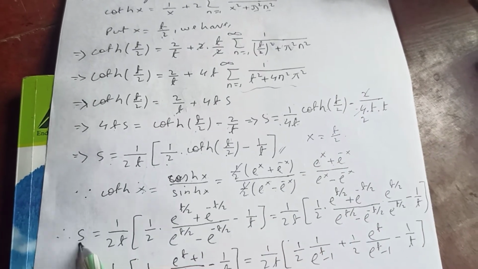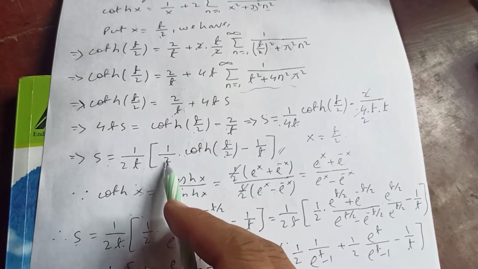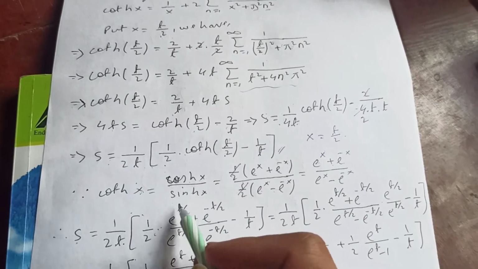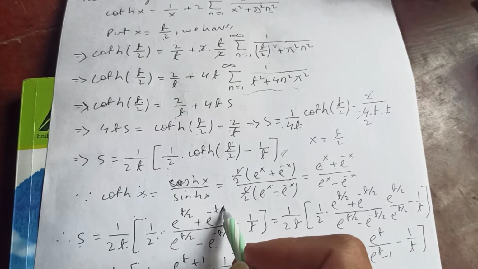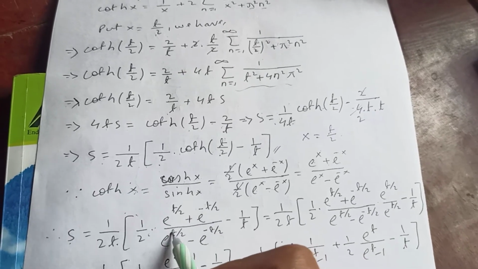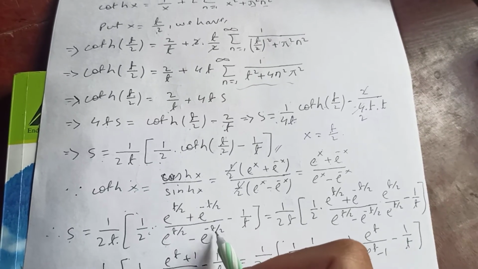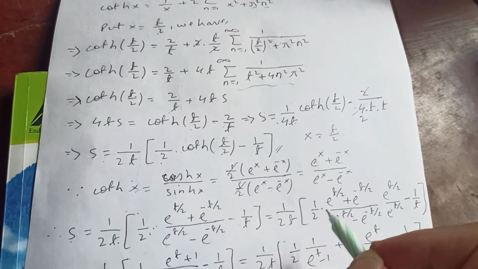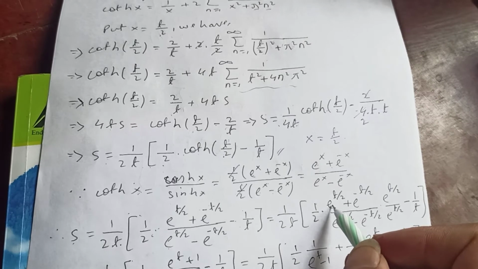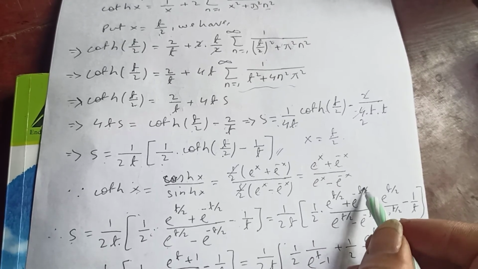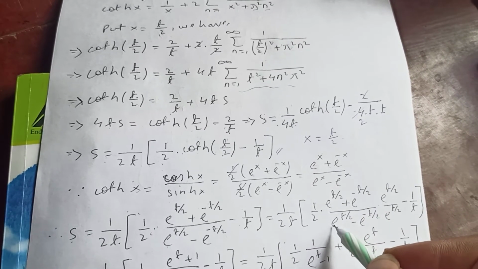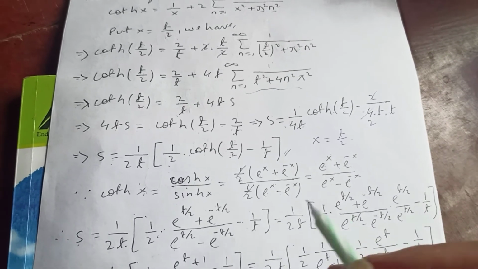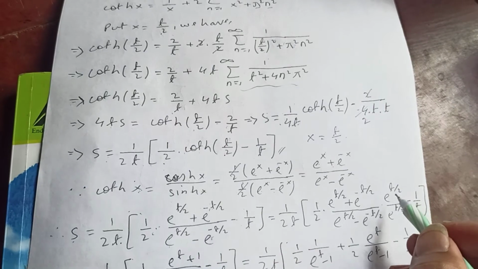If you substitute x equal to t upon 2, then you will get S is nothing but 1 upon 2t times 1 upon 2, this one is nothing but this one, so e to the t over 2 plus e to the negative t over 2, upon e to the t over 2 minus e to the negative t over 2, minus 1 over t. Now multiply both numerator and denominator by e to the t over 2.